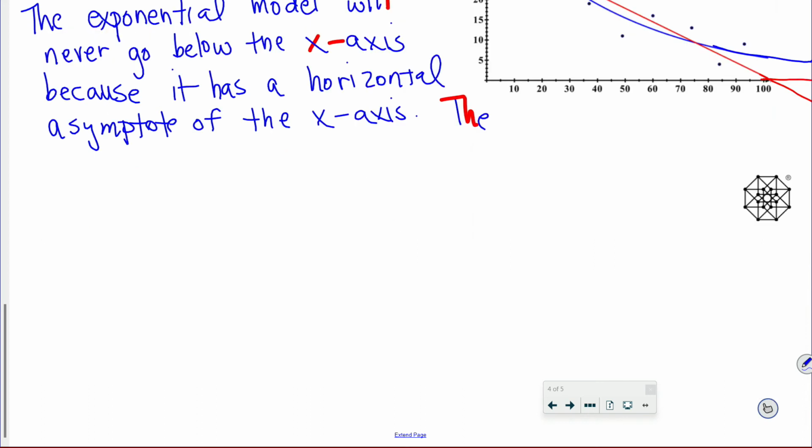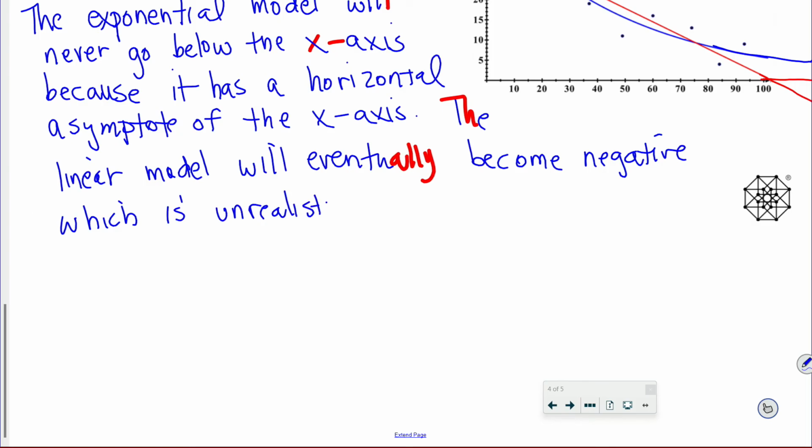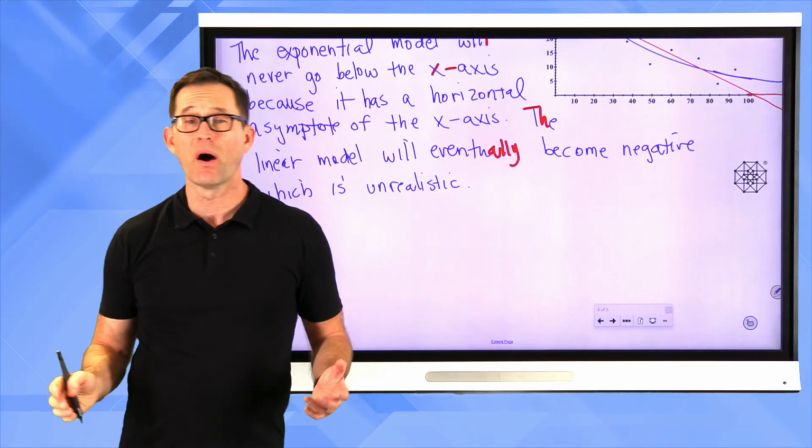The linear model will eventually become negative, which is unrealistic. We can't have a negative score on our math quiz, right? That's just not possible.